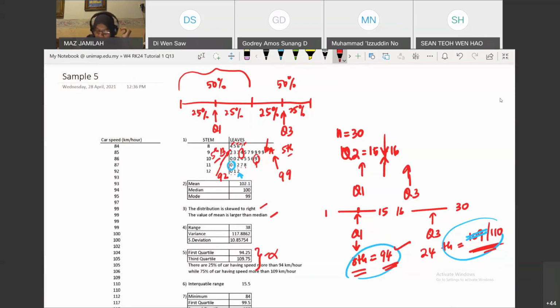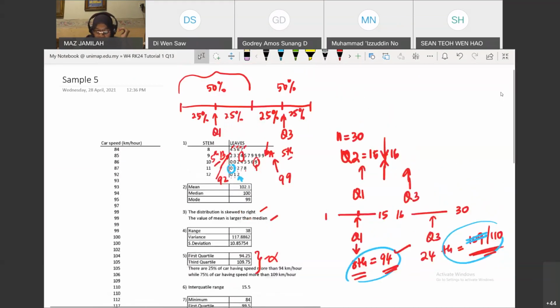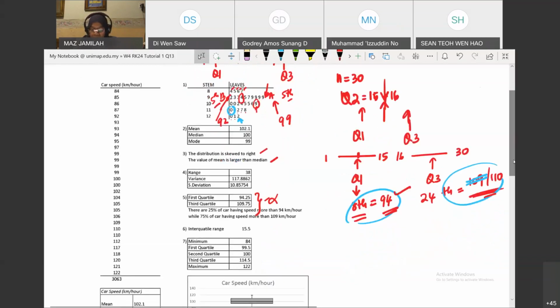Now, what does this mean? We are talking about the median of the first 50% of our data, this one. And Q3 is the median for the upper 50%. How can we interpret this particular answer? Class, if I were to answer this, let me give you this one.